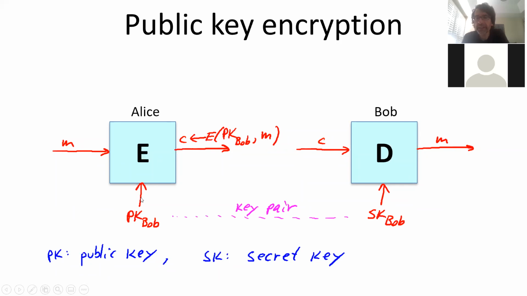And the correctness is that if you encrypt whatever message under a public key, and then you take the resulting ciphertext and decrypt it under the corresponding secret key, you must get the same message back if these 2 are generated correctly. But what about security?